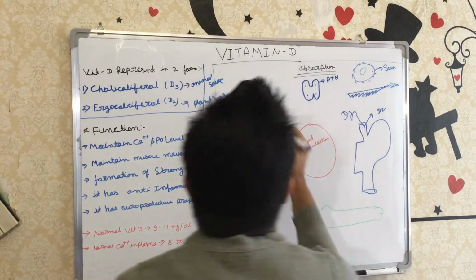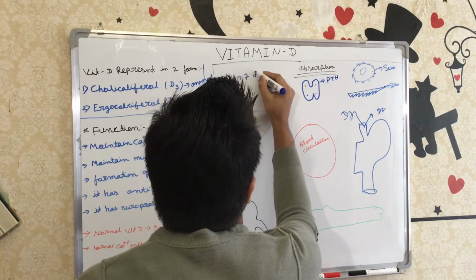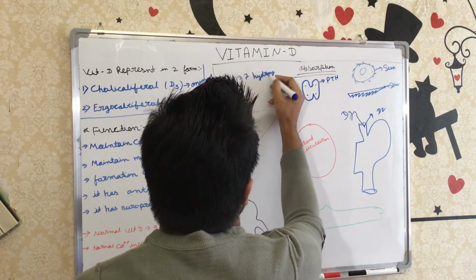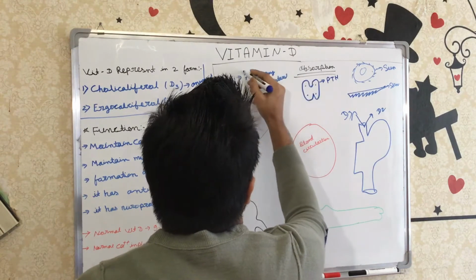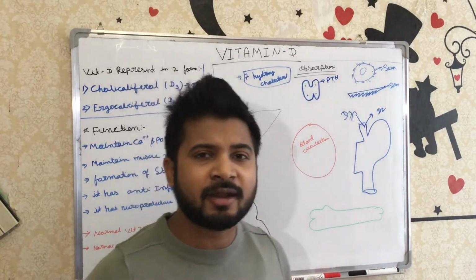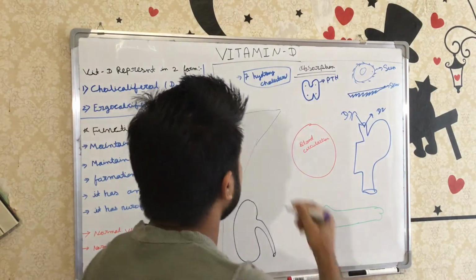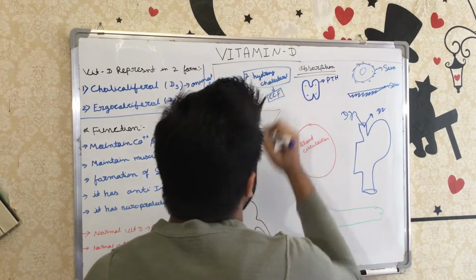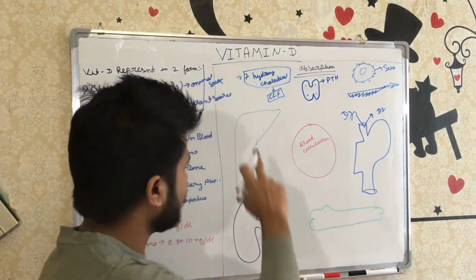So in the skin I will write here 7-dehydrocholesterol. This is present in the skin, and whenever ultraviolet ray is exposed on the skin, with the help of an enzyme, it will convert to cholecalciferol. I'll write the shortcut CCF, cholecalciferol, and then cholecalciferol will go into the blood. That is from the skin.